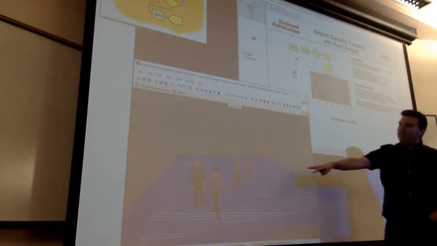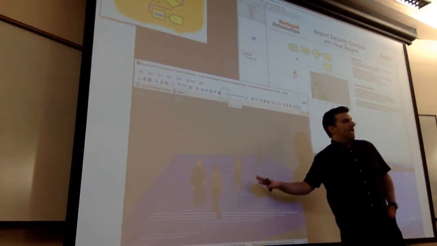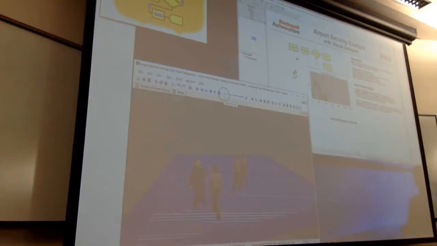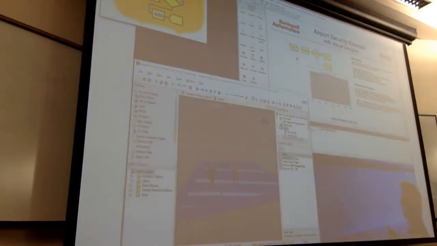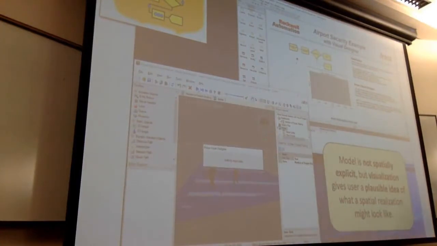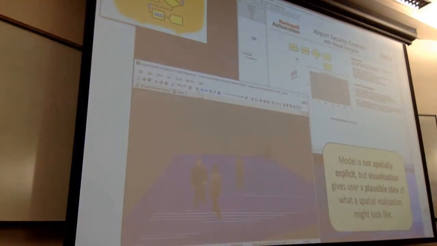But we can now show how they might interact in space and how that would properly be captured by our model. And so that adds a bit of argumentative strength to using these models when you can show people these visualizations. So yeah, they're not spatially explicit, but the visualization makes them look plausible.